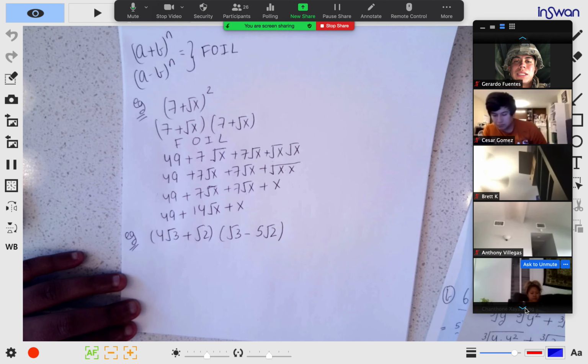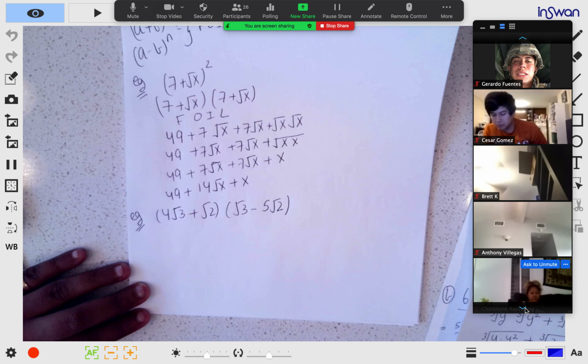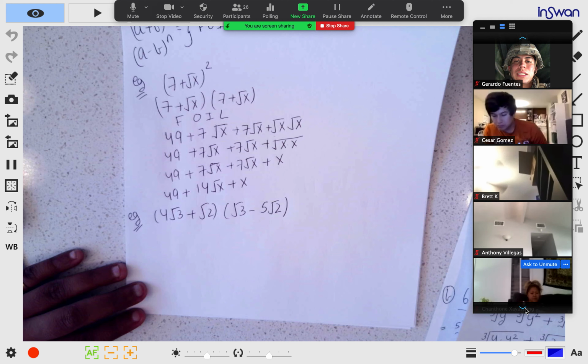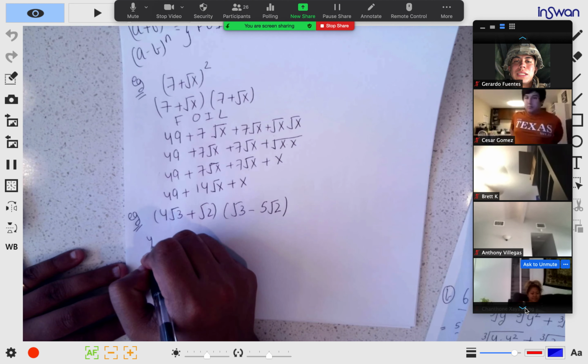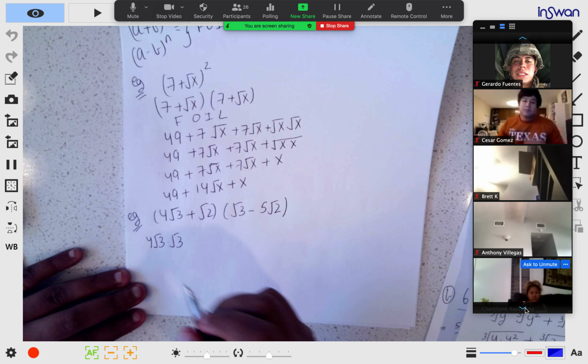Yeah. Okay. Can you tell me how you're gonna do this? Would you multiply the 4 square root of 3 with the square root of 3 and then with the negative 5 square root of 2? Yes. So first you multiply with this. What's my next step?